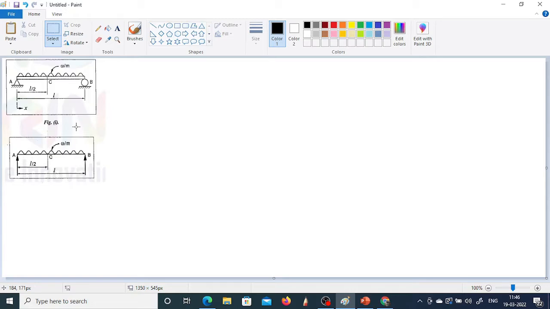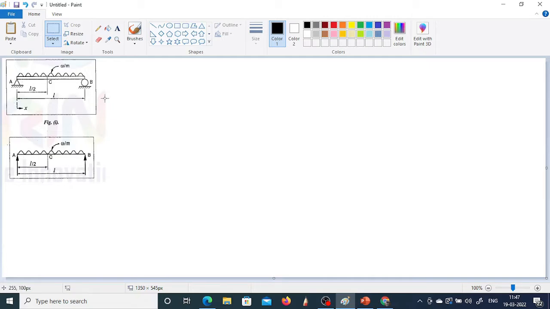In the point collocation method, we should identify the residual. So first we should identify the residual from the given problem. For that reason, I convert this sketch into a free body diagram. At point A the upward force is available, and at point B also an upward force is available.